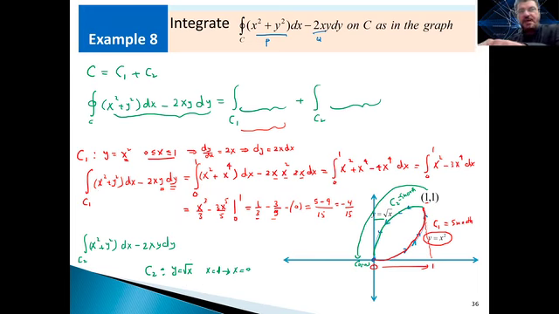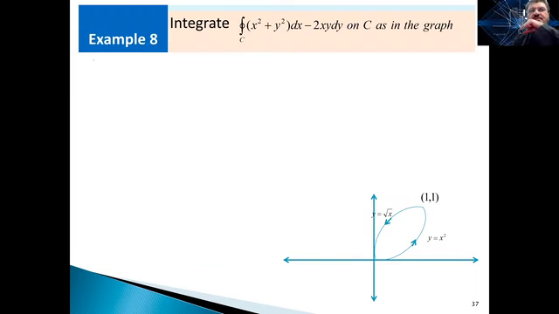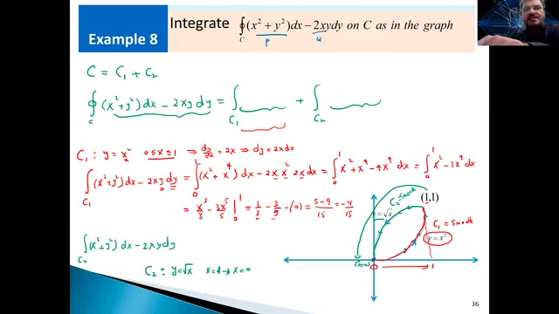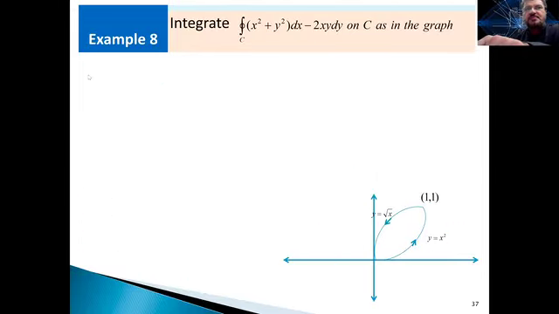All right, so what's going to happen now? I'm going to integrate over C2. It's x squared plus, by the way, y squared. What's y? y is root x, all squared, then dx. Minus 2x, we don't touch it. y is root x. Then dy.